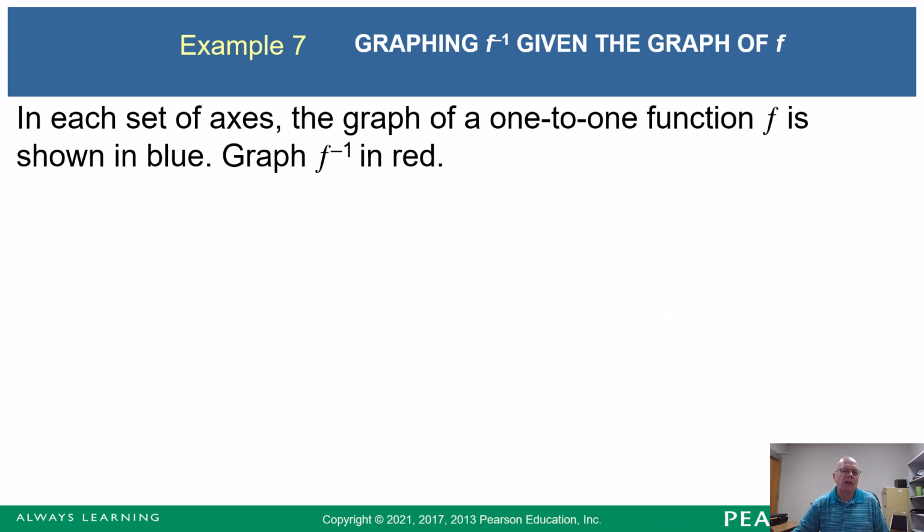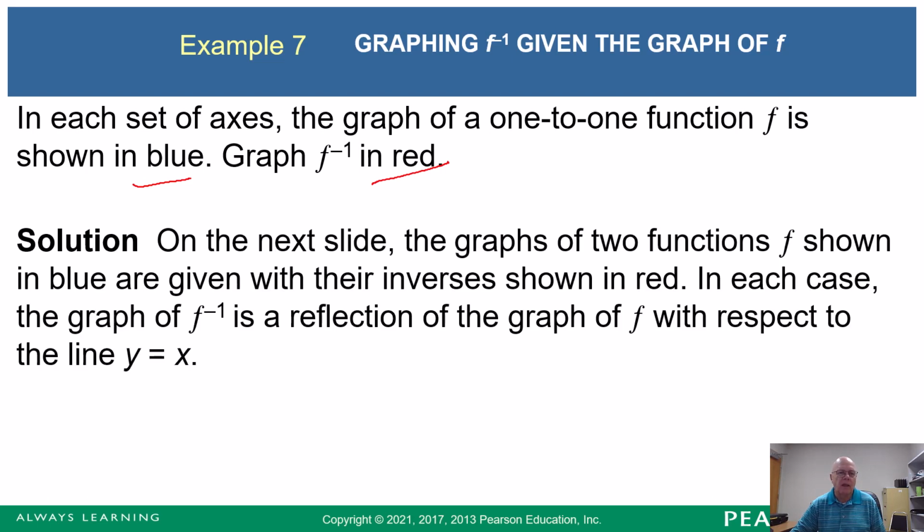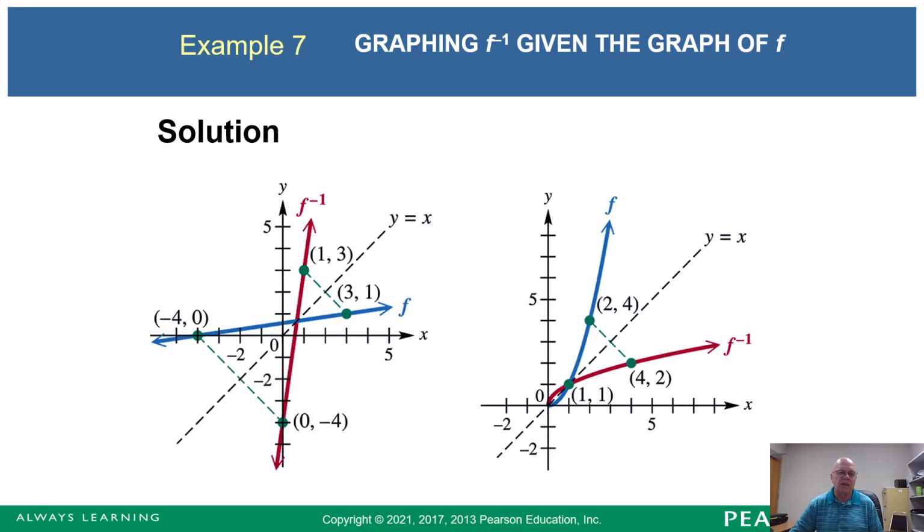Now, the thing to remember on most of these is that the original function is blue, the inverse is in red, so that you can compare them. And next slide we'll have an example of another one of those. And remember, this is the original function, and if you take y equals x, sort of twirl around with your fingers, this blue line becomes the red line over there.